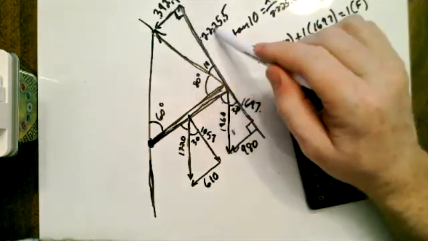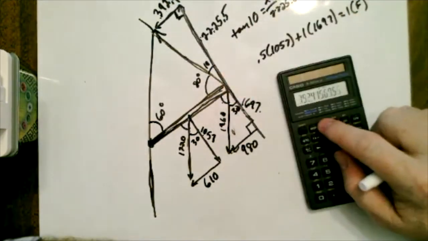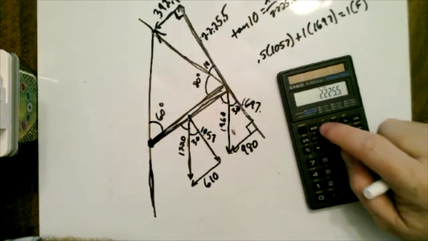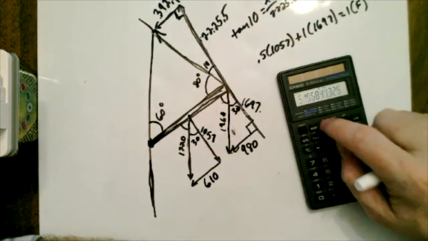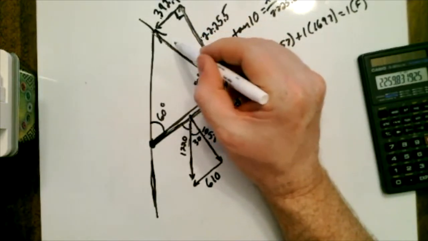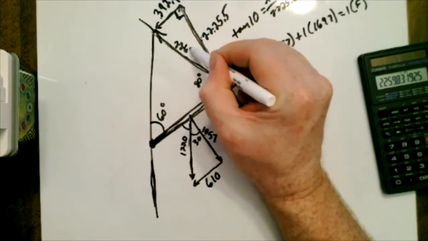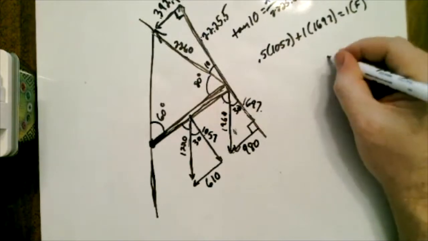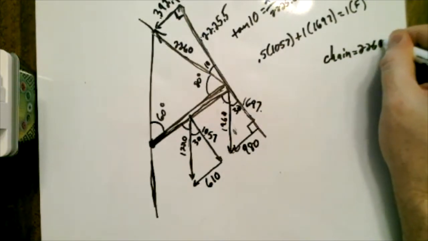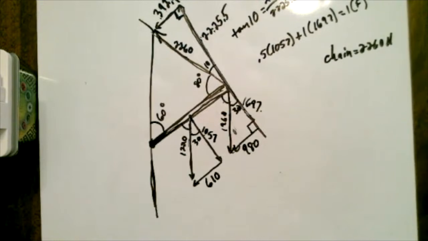Now I got these two sides, so I can use Pythagorean's theorem. 392.4 squared plus 2225.5 squared, square root. And the chain in here is basically 2260. So I'll write that over here. Got the chain figured out. That's always the first problem. 2260 newtons.